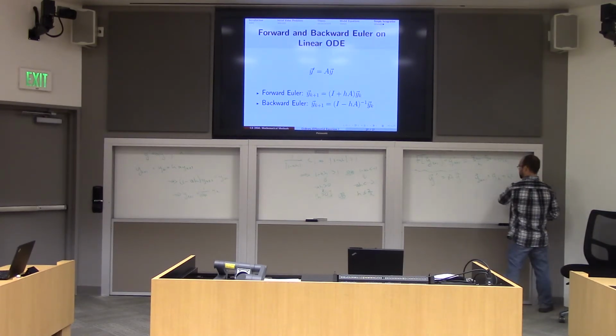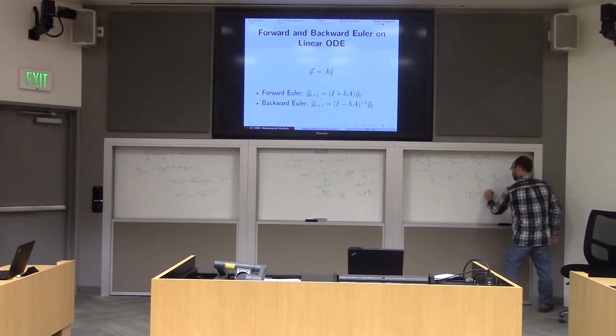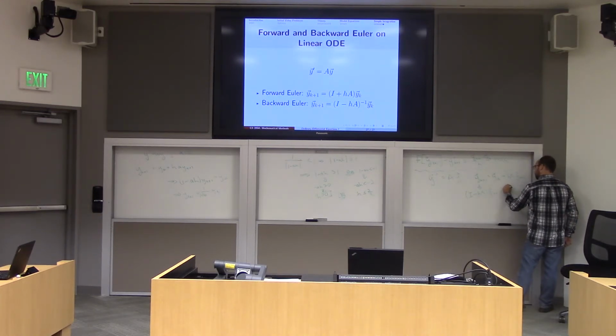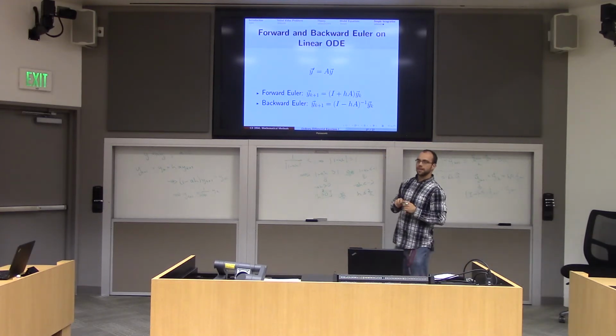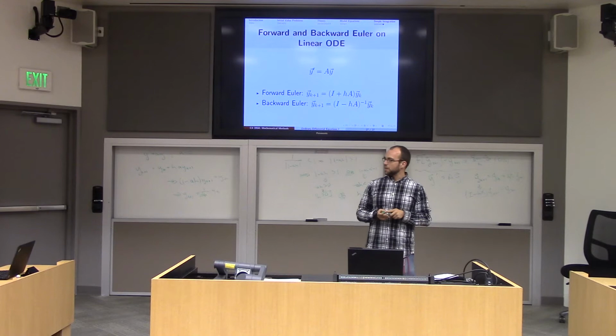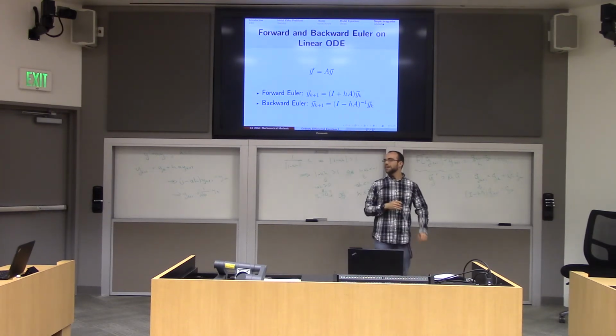Because we move the A to the left-hand side, right? So you have the identity matrix minus HA, times yk plus 1, equals yk. And inverting this gives you the formula up here. Okay? So in other words, what did we show? Well, we showed that the spectral radius of this matrix is less than 1, by the way.